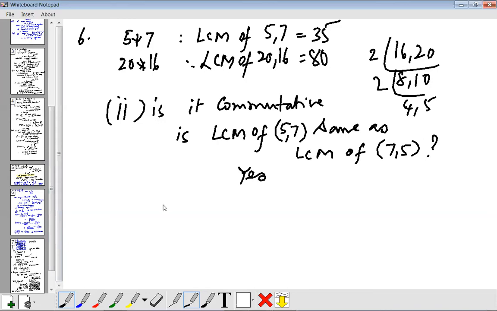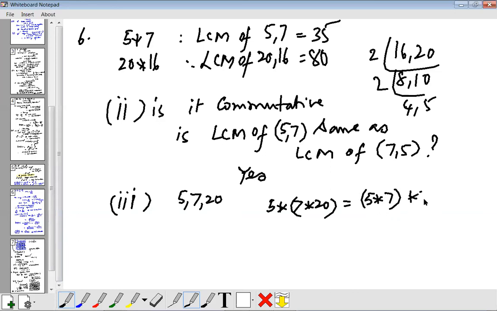Then, is it associative? This is an interesting question. You'll have to pick 3 numbers. He has taken 5 and 7. Let us take 5, 7 and 20. What does associative mean? We are looking at whether (5 star 7) star 20 is the same as 5 star (7 star 20).